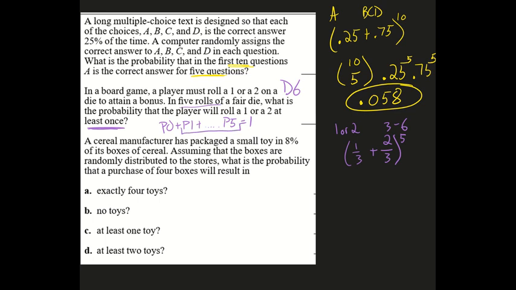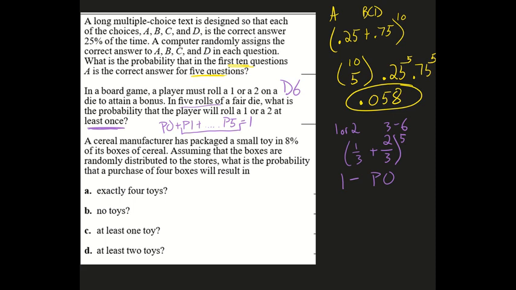So what we're looking for is between the probability of 1 and the probability of 5 1s or 2s. So the most efficient way here is to just find 1 minus the probability that there are 0 1s or 2s.